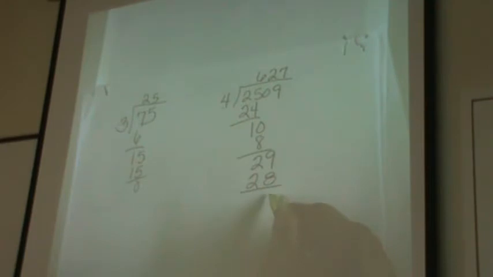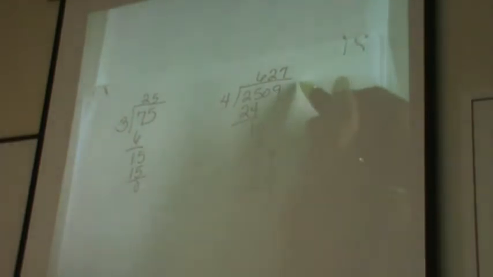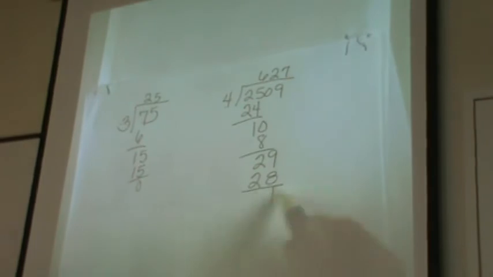Subtract that. 1. We're not doing decimals yet, so don't put a decimal and add a 0. You're not going to have point something. You're going to have remainder 1. The remainder put up here as R1. Remainder 1. If you did this on the calculator to check your answer, this 1 is not going to come out 0.1.